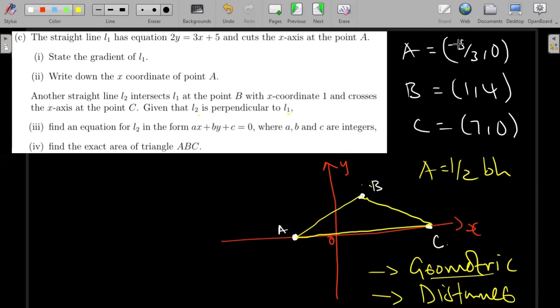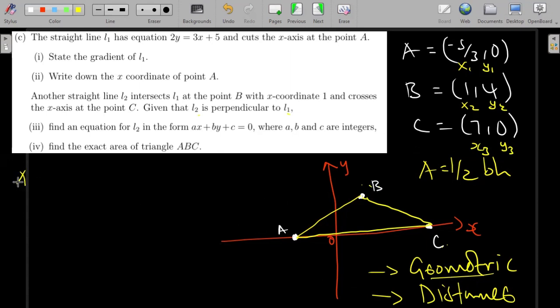The coordinates on A here, we're going to say this is x1, y1. The coordinates on B, we're going to say this is x2, y2. The coordinates on C, we're going to say this is x3, y3. So we're going to use those to find the area. How do we find the area using the geometric method? It's very simple.